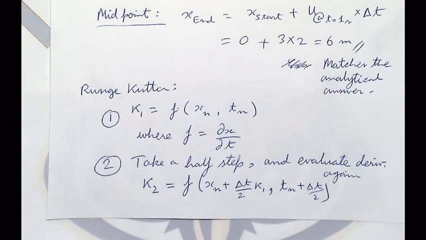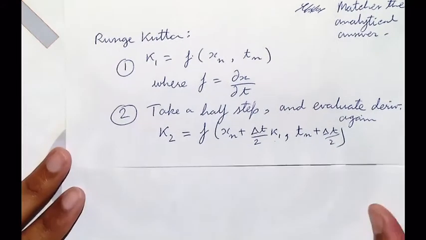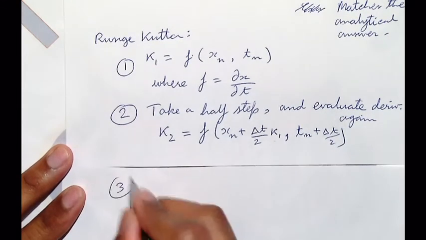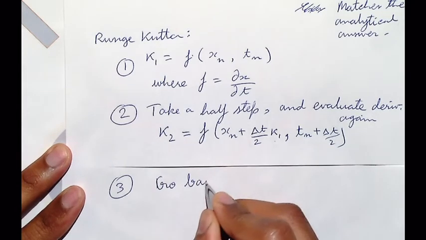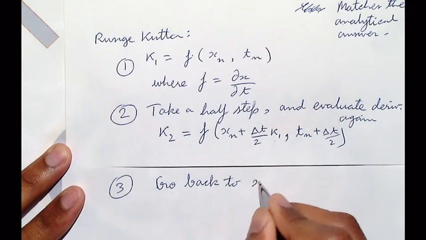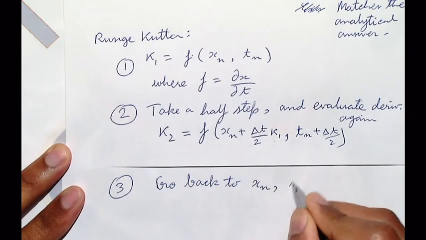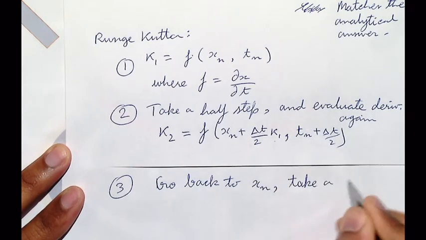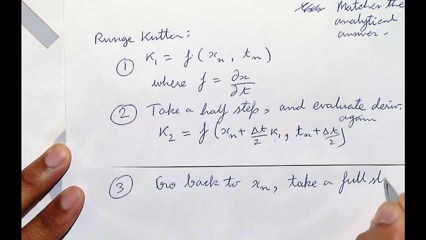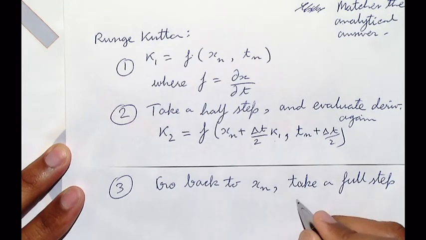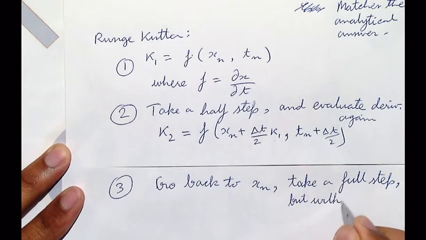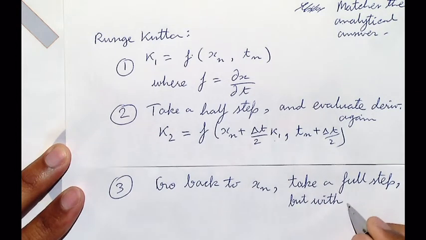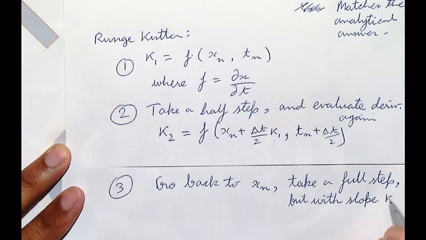Okay. And then the final thing is go back to xn and take a full step, but with slope K2.